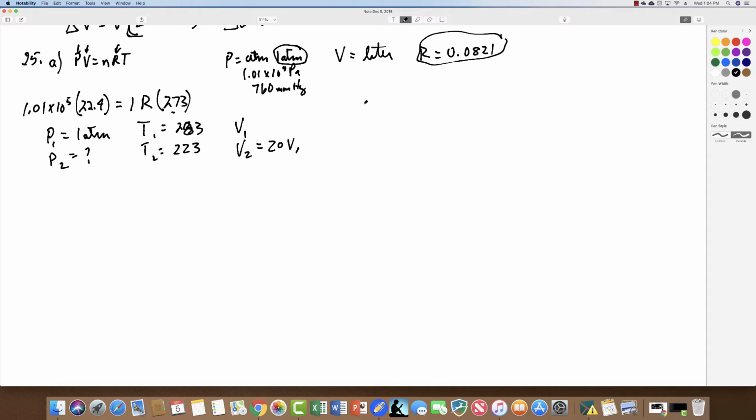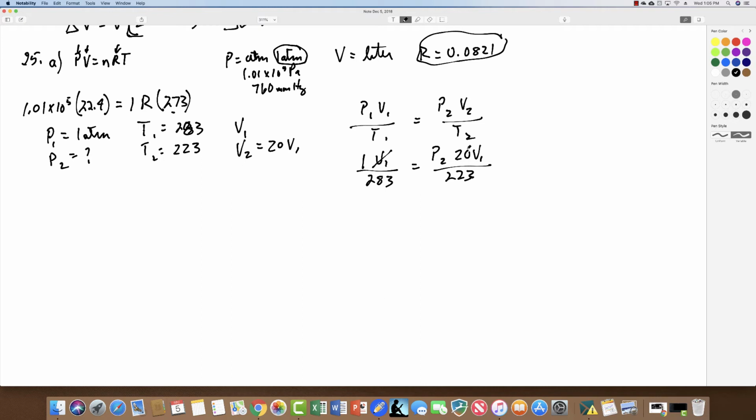And we know that P1 V1 over T1 is equal to P2 V2 over T2. So 1 times V1 over 283 is equal to P2, which is what we don't know, times 20 V1, that's what V2 is, divided by 223.